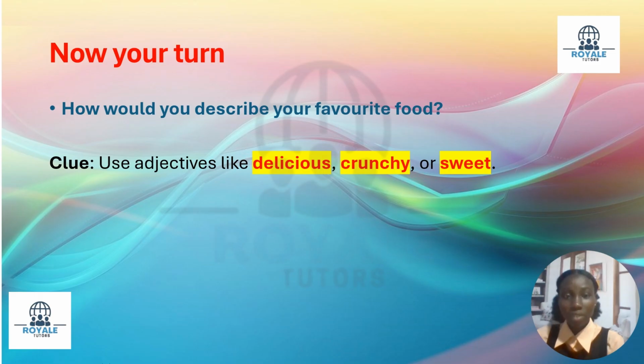I had a delicious meal. Oh, I had a delicious coconut rice. You can talk of snacks. Oh, this snack is crunchy. Now, what are those things that are also sweet? Oh, I had a sweet potato. So all this, you can use these words to describe your favorite food.